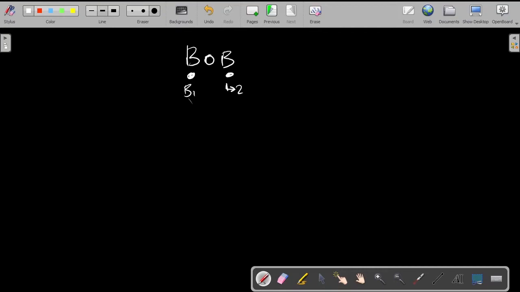Now, what if you decide to start with this other B? What if you decide to start with B2? Well, you haven't made any changes, because the arrangement will lead to the same output, right? So this is not really a new arrangement.